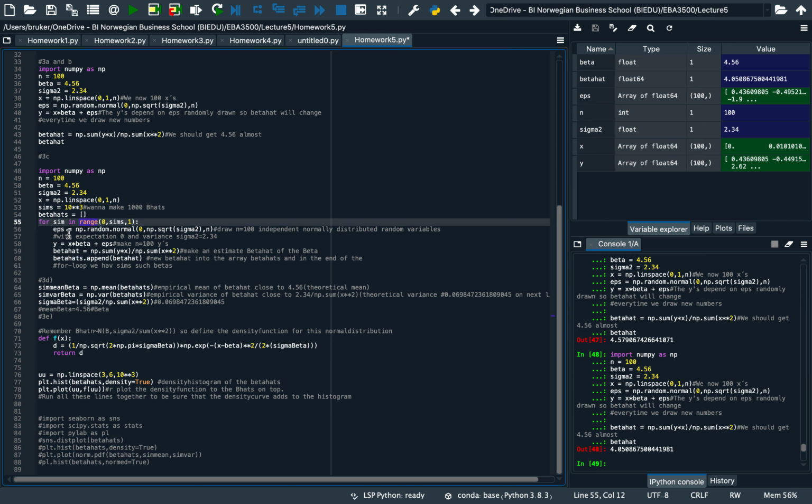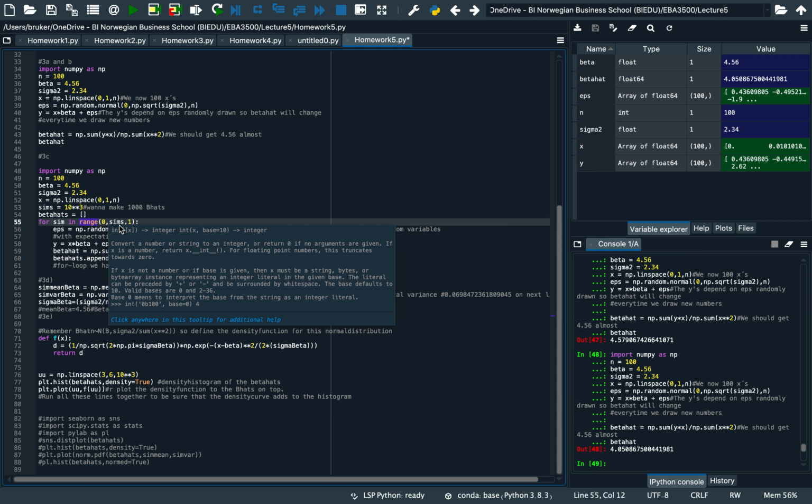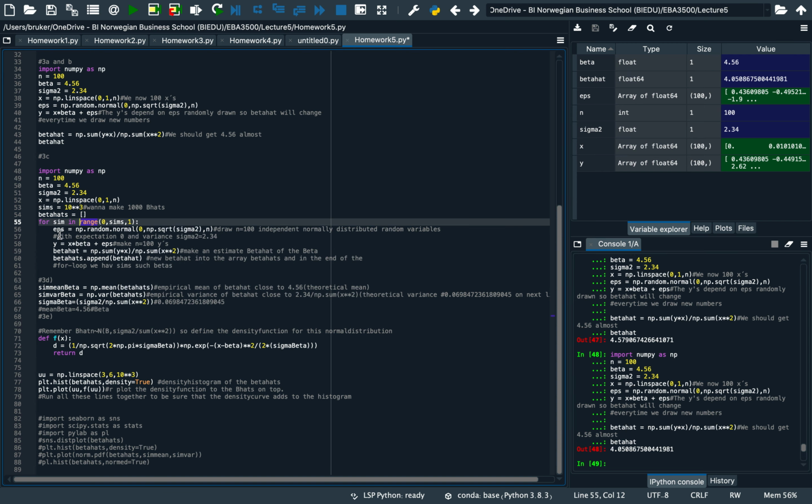And that I do with this for loop. So I go from 0 to 1000. Every time I go into the for loop, I draw 100 random normally distributed numbers, with expectation 0, because epsilon has an expectation of 0, and standard deviation the square root of sigma squared, because that is the standard deviation of the epsilons.